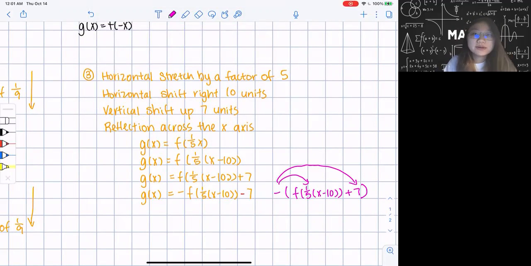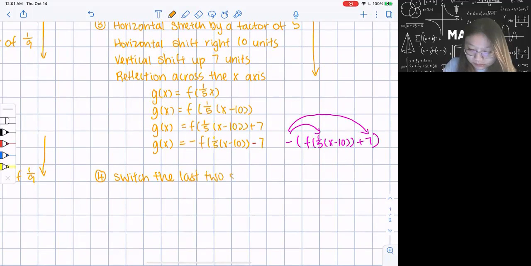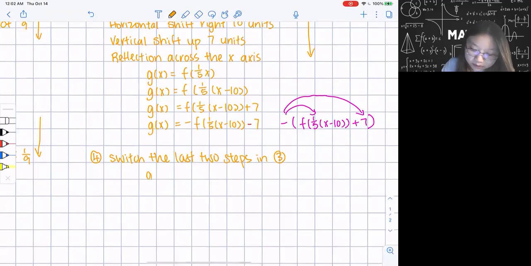Okay. However, if you switch the last two steps, I'm not going to rewrite it all again here. These first two steps are going to be the same. g of x equals f of 1/5 x, and g of x equals f of 1/5 (x minus 10), right?